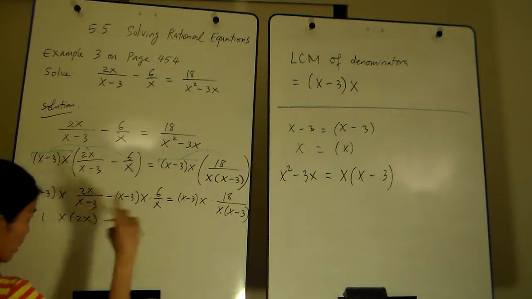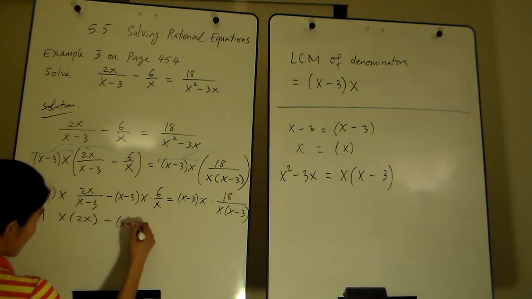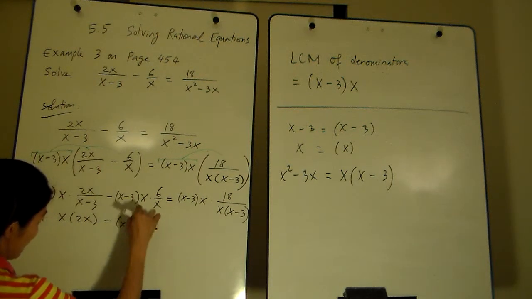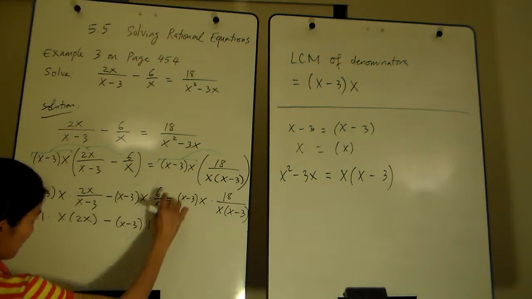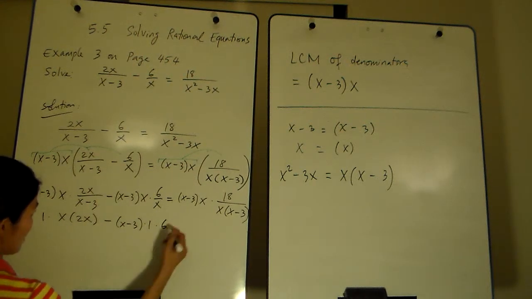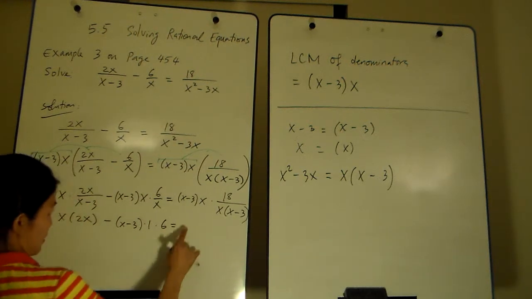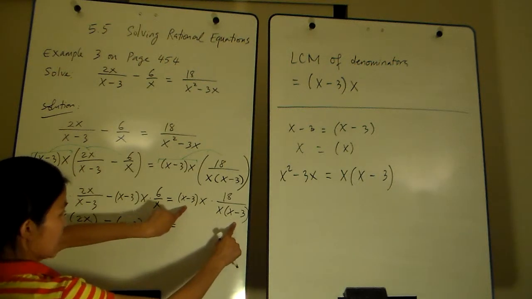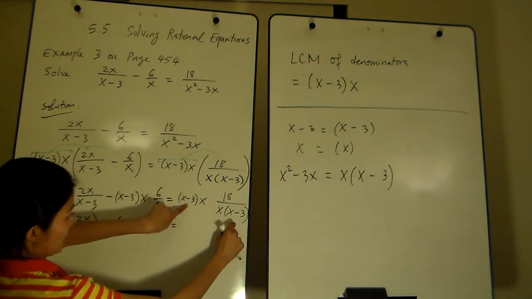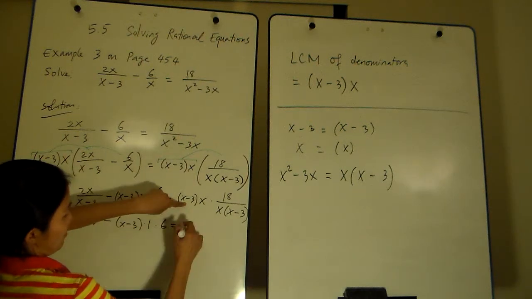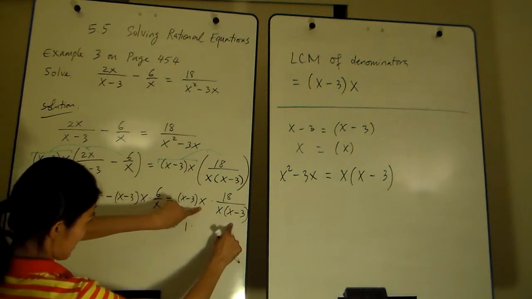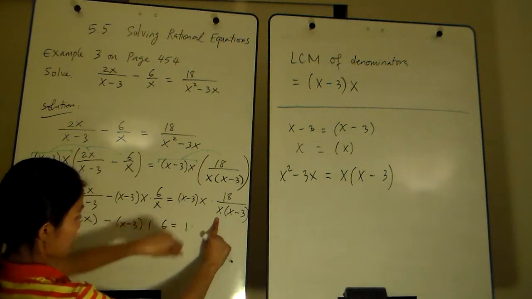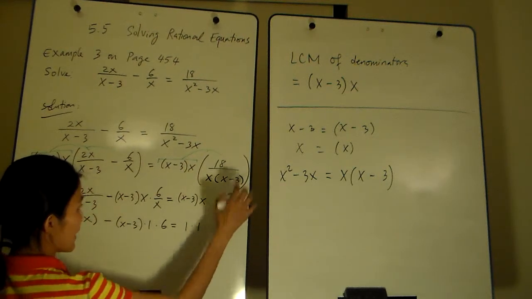X divided by x is 1, so you have x minus 3 times 1, times the top 6, equals. Alright, look at this. X minus 3 can be cancelled with x minus 3. Not only that, this x divided by this x at the bottom becomes 1, times 18 remaining.